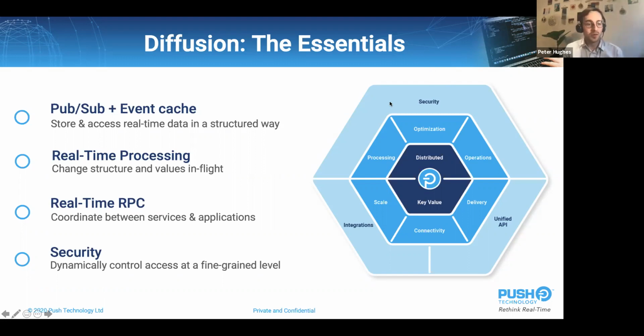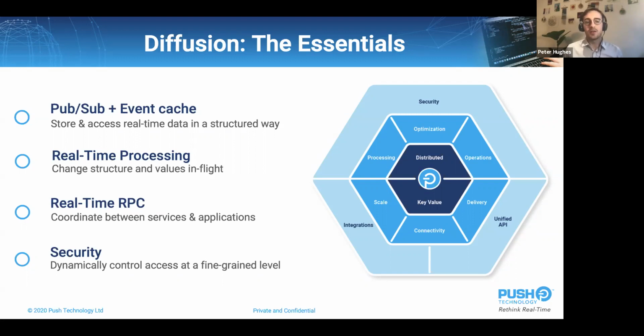Anyway, moving on. There are four fundamental parts of Diffusion that really help satisfy these requirements I've been discussing. The major one, at the heart of Diffusion, is the way we combine pub/sub event distribution with an event cache, a key-value store able to hold on to the values of particular events.